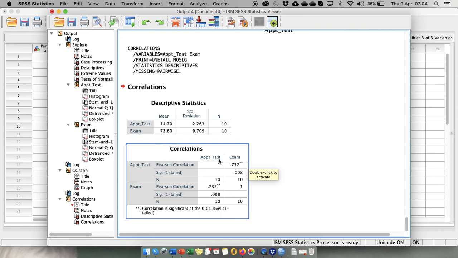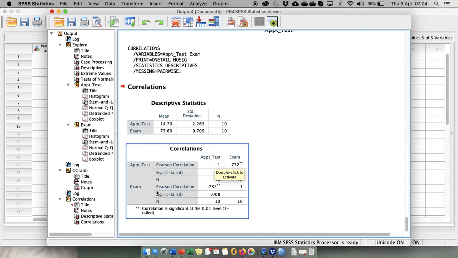What we have is what 1 denotes. 1 is the perfect positive correlation. And of course, aptitude test correlates perfectly with an aptitude test. Then what we are interested in is how aptitude test relates with exams. I usually read it from the bottom of the table, but it's just my personal preference.